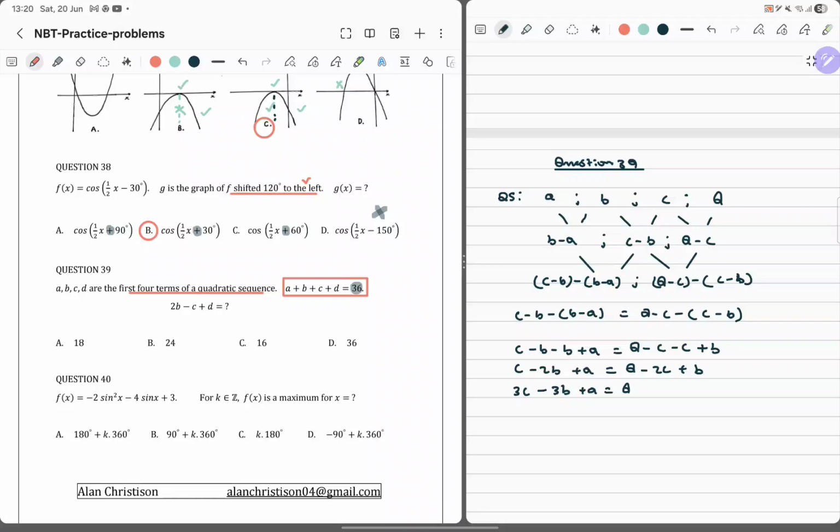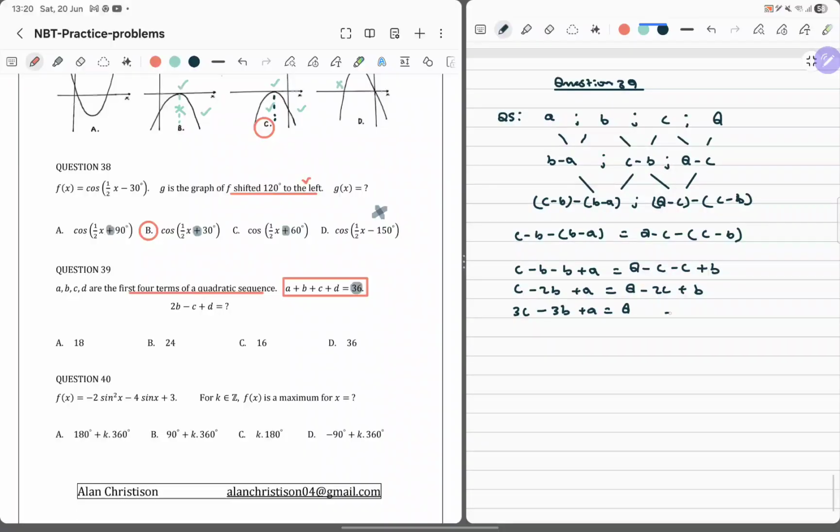So we want 2B minus C plus D. Now, what I'm thinking, simultaneous equations are going to kick in. We can call this one equation 1. We can say also, we know that A plus B plus C plus D is equal to 36. So this concludes that D is 36 minus A minus B minus C. That's equation 2.